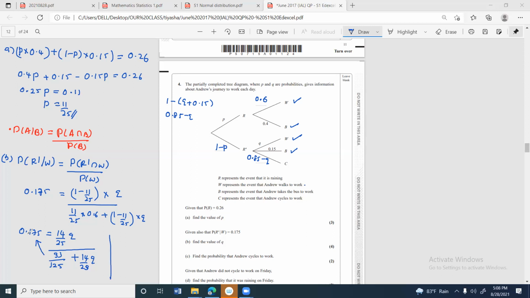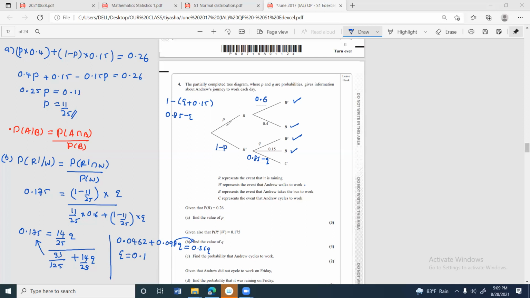It's 0.0462, plus 0.175 into 14 divided by 25, that is 0.098. 0.098 Q is equal to 14 divided by 25, that is 0.56 Q. Then take this Q to this side and simplify. You get the answer Q as 0.1.